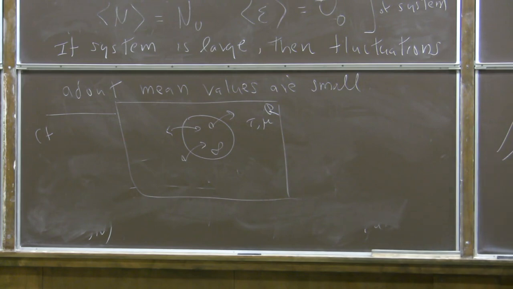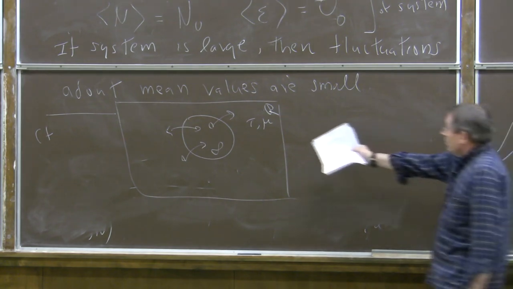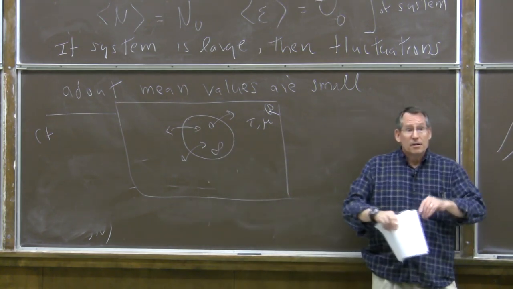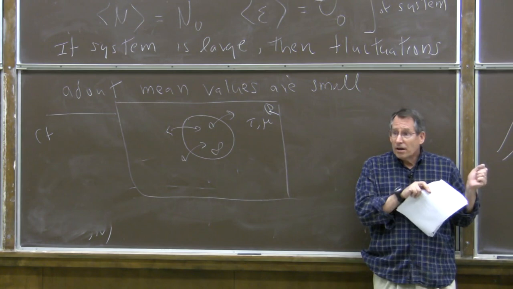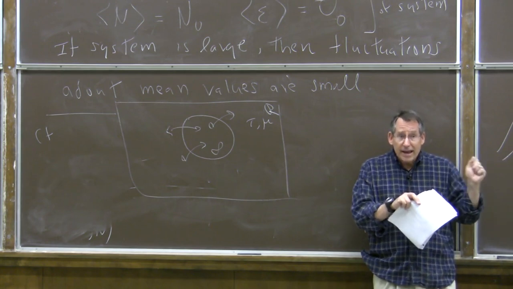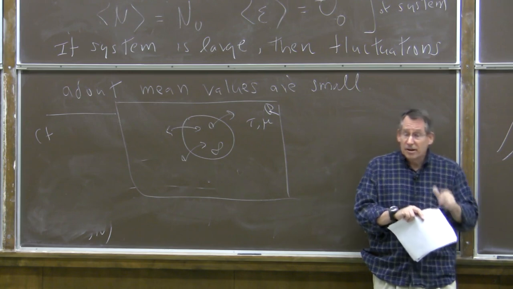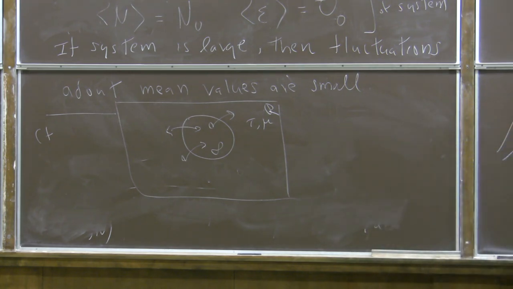Now, the most probable configuration is going to be the one where the system and the reservoir are in both thermal and diffusive equilibrium. So what's actually going to happen is that the system will come to a state with the same temperature and the same chemical potential as the reservoir.